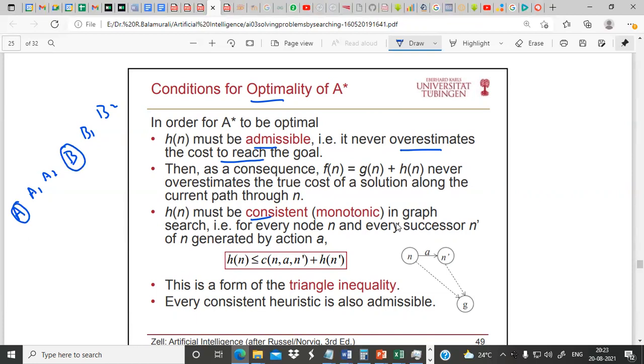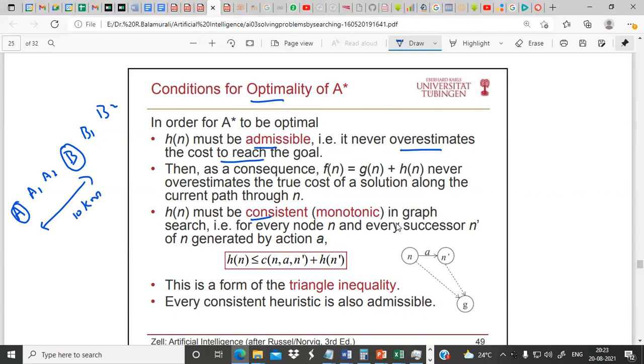The admissibility property of the heuristic function says it can underestimate, but it should not overestimate. So let us assume the actual distance of reaching from A to B is, let us say, 10 kilometers. Now the heuristic function can underestimate to any degree, but it should not overestimate.